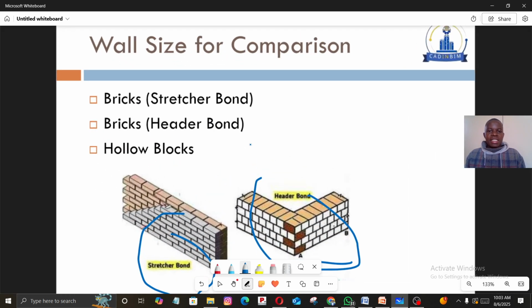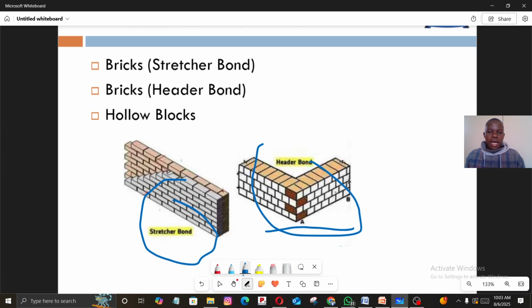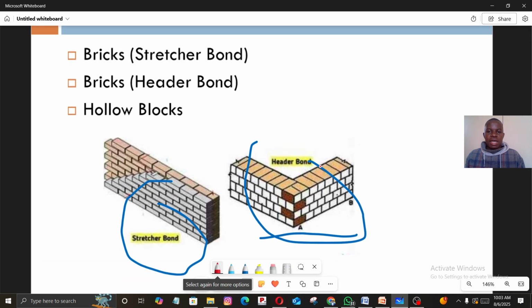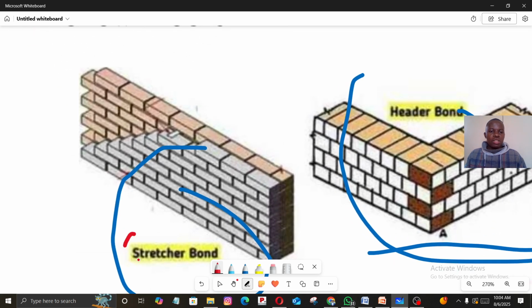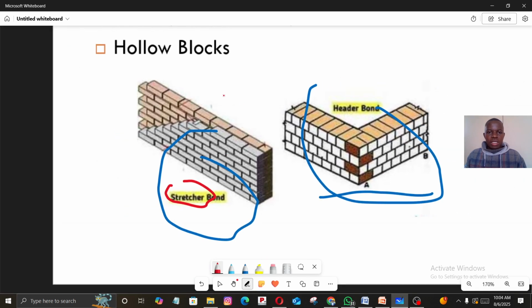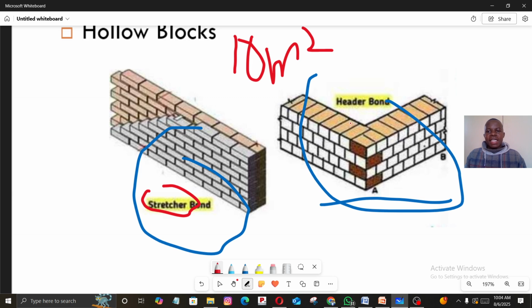These are the scenarios that we are going to adopt. We'll be taking the first scenario of bricks arranged in stretcher bond. This is how bricks are arranged in stretcher bond. Also, we have the same bricks and a fixed area of 10 square meters arranged in header bond.